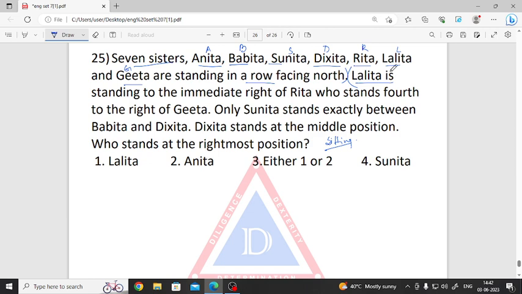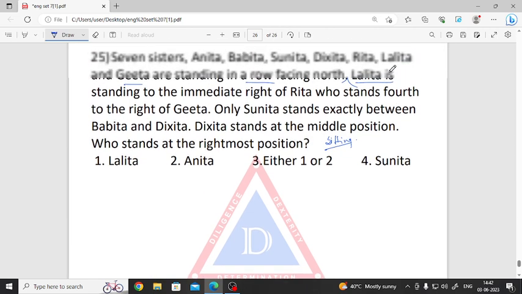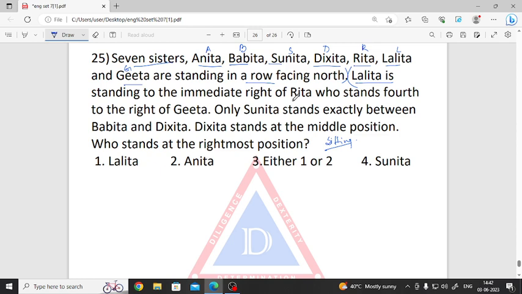So what is the question given here? Lalita is standing immediate right of Rita. Okay, Rita is here, Lalita is here. Rita, who stands fourth to the right of Geeta. That means Geeta is here, fourth to the right. First, second, third, fourth. That means gap of 3.